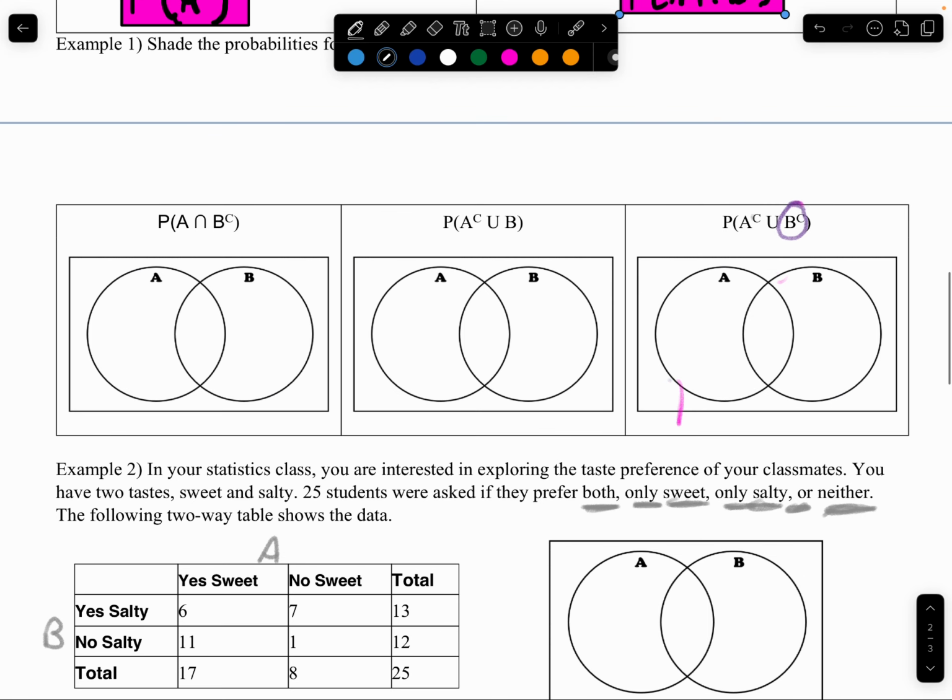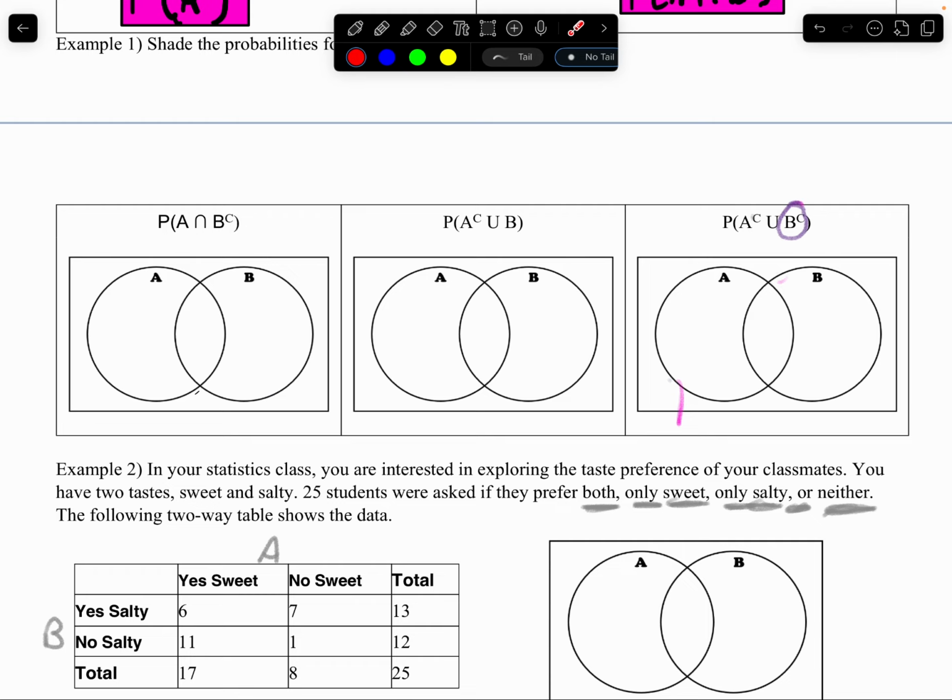Okay? So when we look at these, we can ask ourselves to shade these probabilities. So shade A and not B. We don't want to do all of the A circle, because if we shade all of the A circle, that's got part of the B circle in it. And we want to make sure that we don't have the B circle.